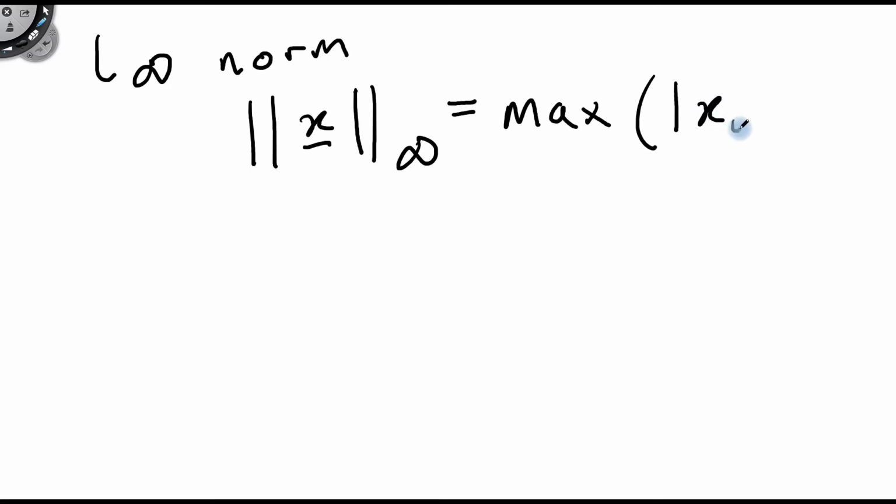Basically, it involves taking the absolute value of each component from i equals 1 to n. So basically take the absolute value of each component of x and go and find its maximum over all the components.